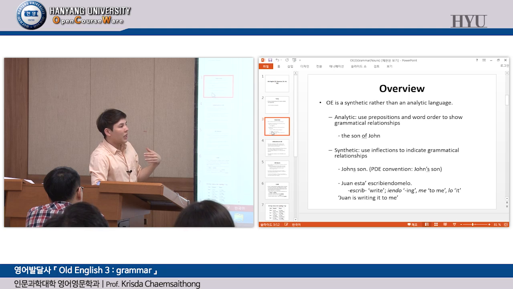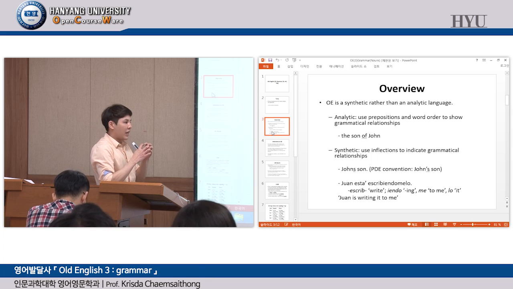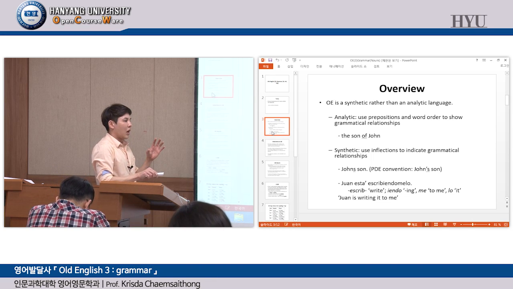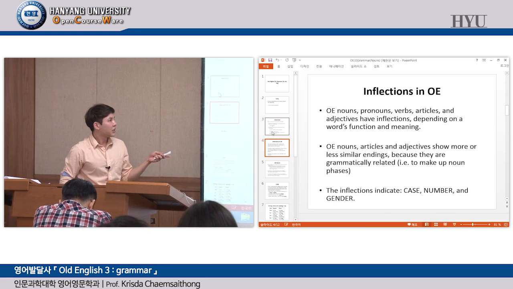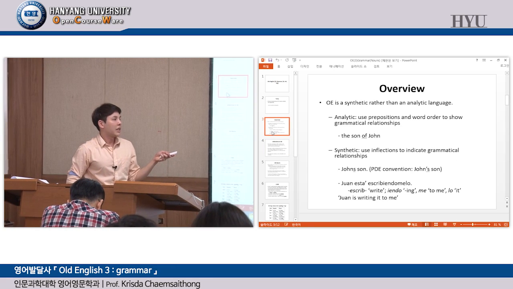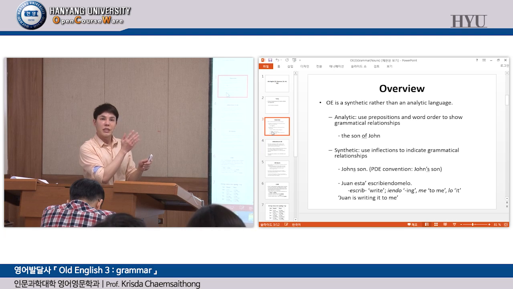As you can see, the me and the it are stuck together as one word with the verb itself, to write. So we call Spanish a synthetic language. Now, Old English is also a synthetic language, towards the synthetic end.